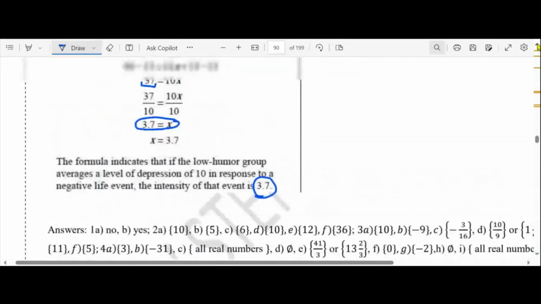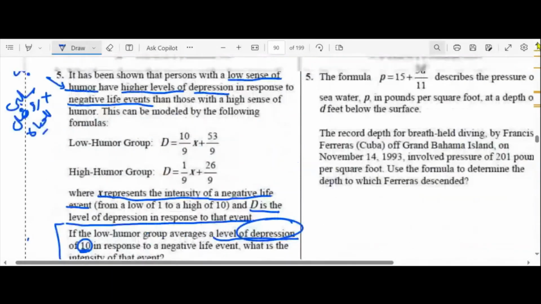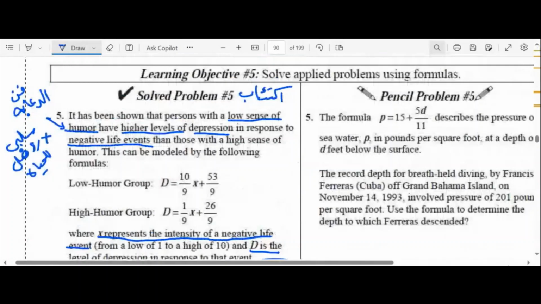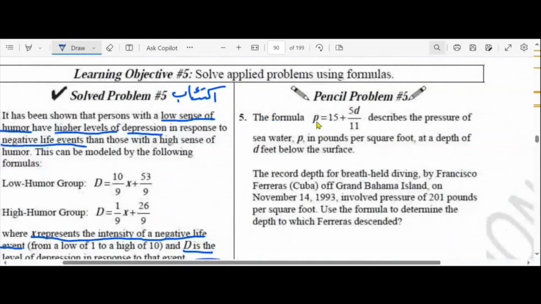Let's go to the right side. Continue reading the right side. The formula P equals 15 plus 5D over 11 describes the pressure of seawater, P, in pounds per square foot, at a depth of D feet below the surface.